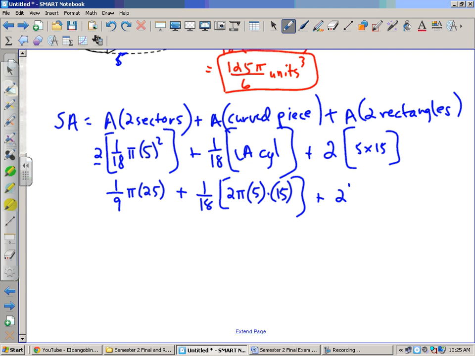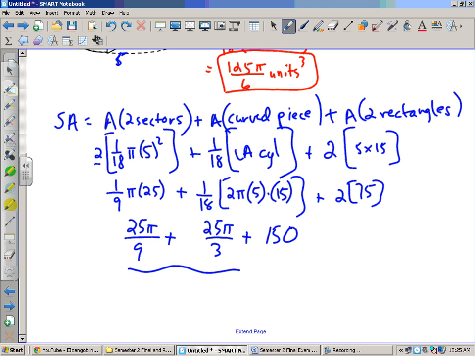And then this is going to be 2 times 75. So it's just a matter of now putting it all together. So I got 25 pi over 9 plus 2 times 5 times 15 divided by 18. So that gives me 25 pi over 3 plus 150.